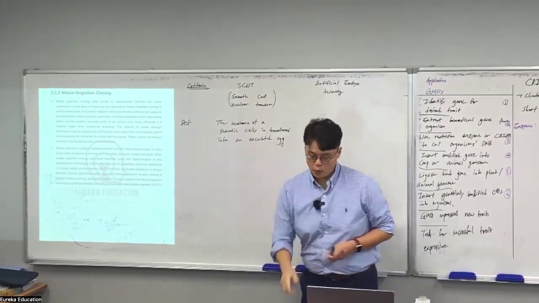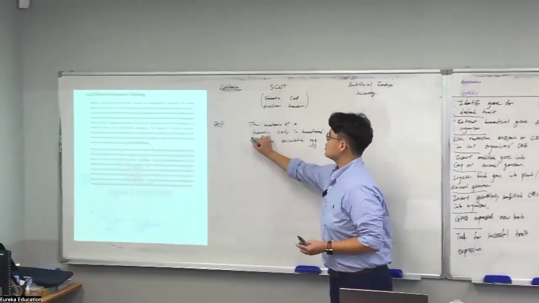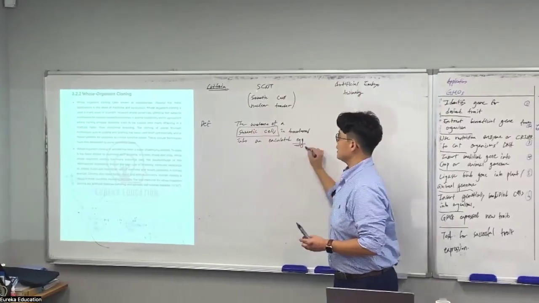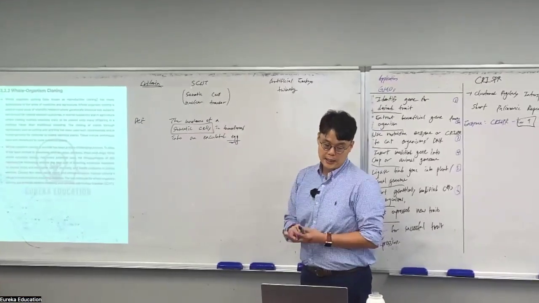The important thing is we're inserting somatic cells into an egg. That's called SCNT.